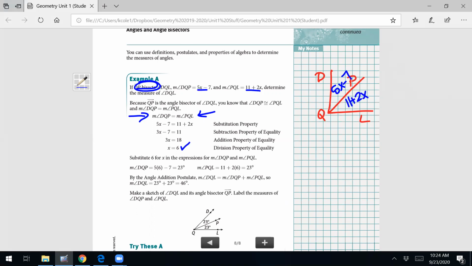They don't want x, they want to know what the angle is. So then they plug in the 6 for both of the smaller angles, which is kind of silly because if you know one angle, then the other one has to be exactly the same. But anyways, they did it so you could see that they're both 23. Then to get the whole angle, they just add the two smallers together to get 46. Make sense? Just like with a segment.